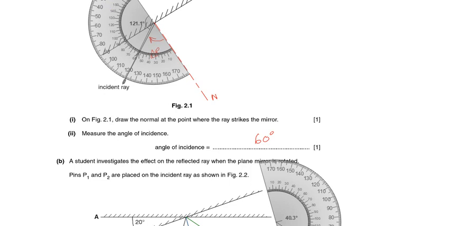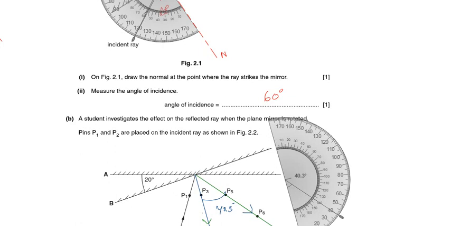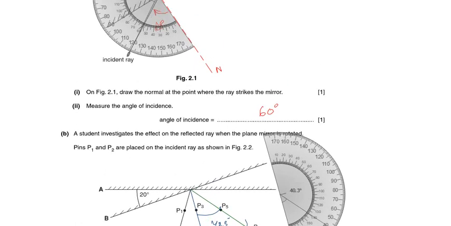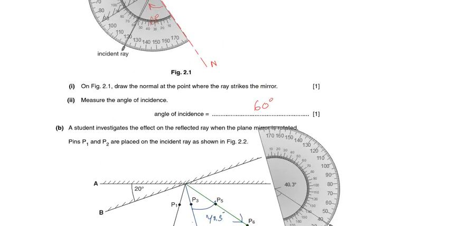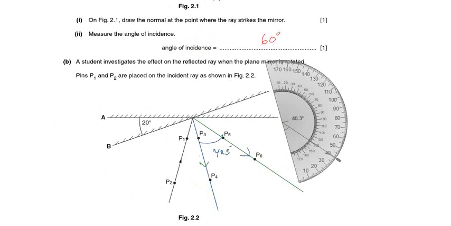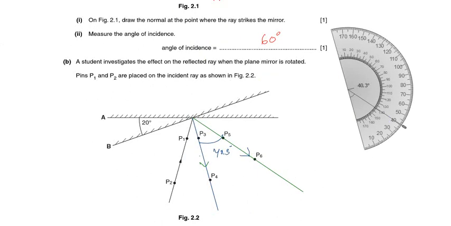Now the constructive part. We have to construct a few things. We will follow the instructions as they are given. The student investigates the effect on the reflected ray when the plane mirror is rotated. So pins P1 and P2 are placed in the incident ray.